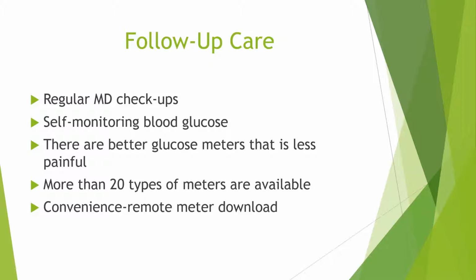And there are so many types of meters available. A lot of them, everybody's looking for the painless one. And because of the price of the Libre, it's not the machine itself. The machine itself costs like $120 to $150, but it's the pods. The pods are the little pads that you put on your arm with the sensor on it.